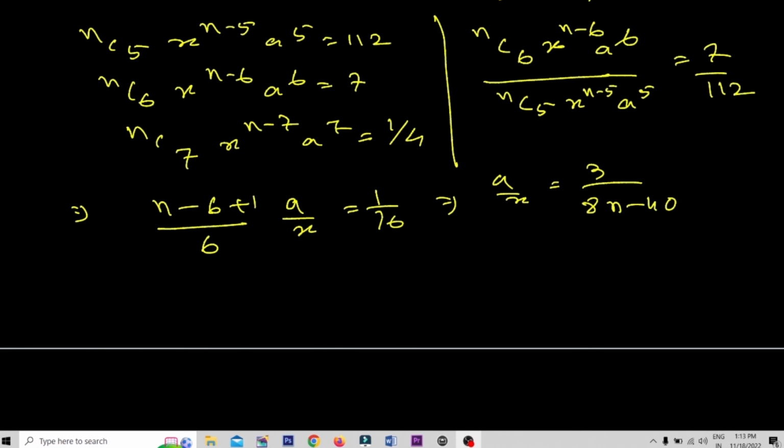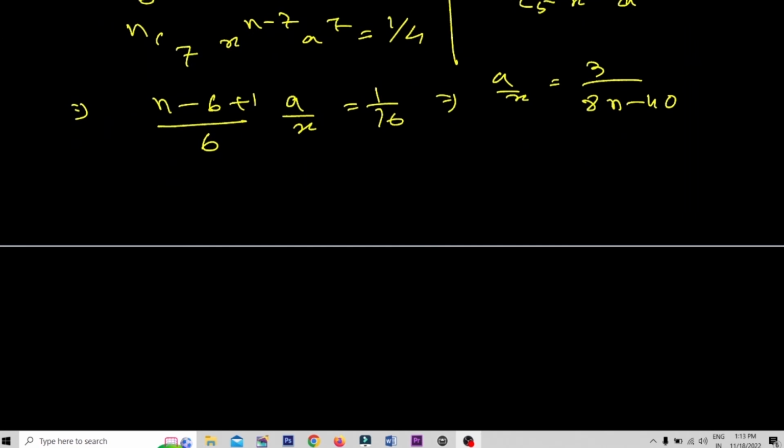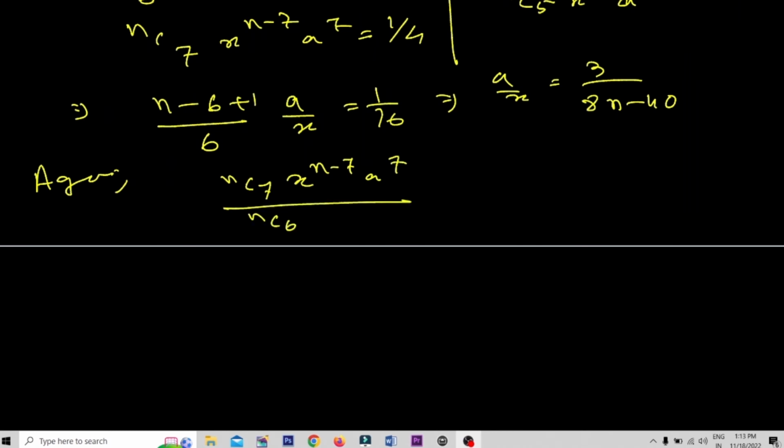Also similarly, if we divide third by second, we are getting another relation. So again, if we apply nC7 x to the power n minus 7, a to the power 7 divided by nC6 x to the power n minus 6, a to the power 6 equal to (1/4) by 7.